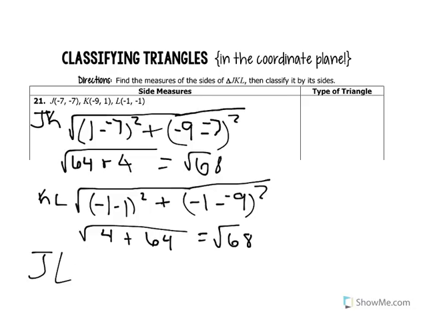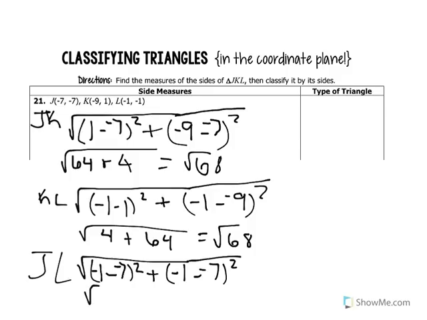And then from J to L, my distance formula will look like -1 minus -7, and then -1 minus -7. So here I will have 36 plus 36, so the square root of 72.